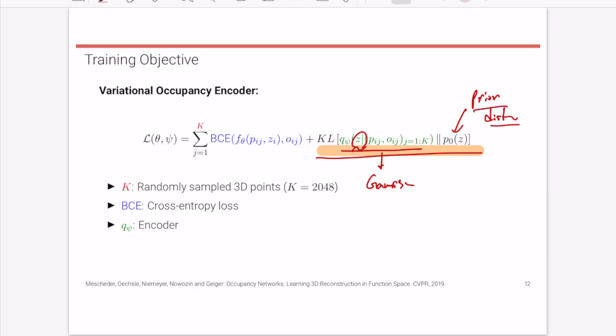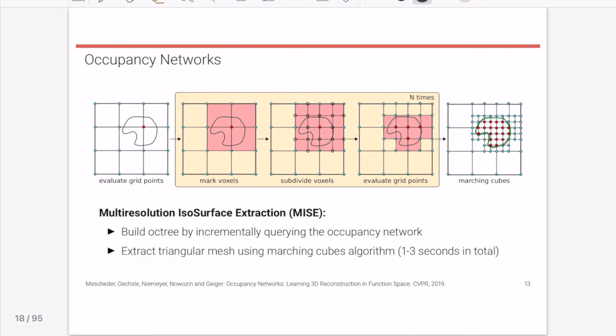So this is also a loss function. Okay, so this is the occupancy network.